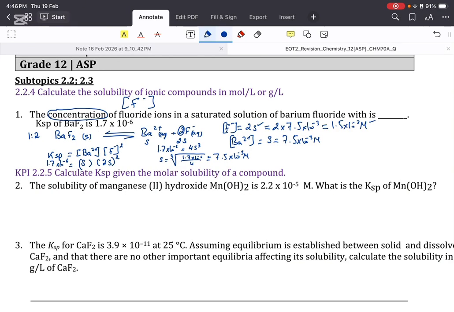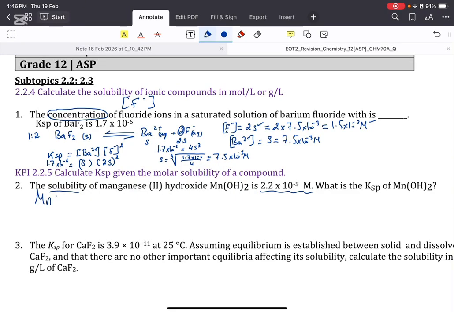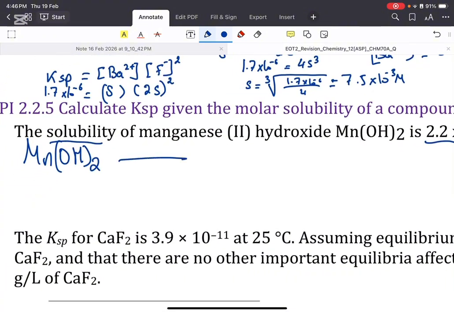The solubility of manganese(II) hydroxide, Mn(OH)2, is 2.2 times 10 to the power negative 5. So in this question we are dealing with Mn(OH)2. Always begin by writing the equilibrium equation.